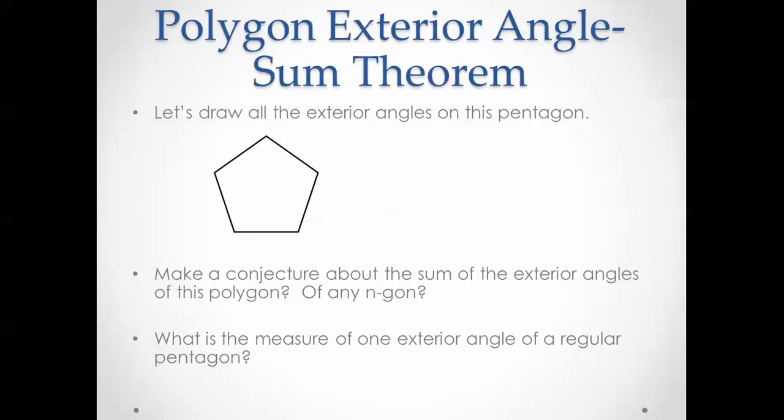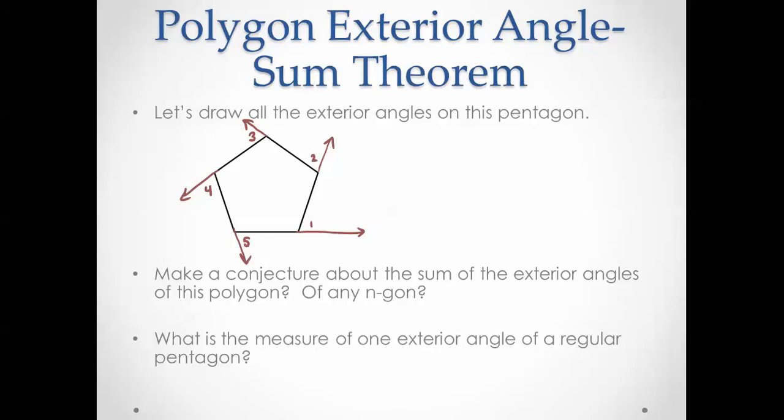Let's draw all the exterior angles on this pentagon. You can pause the video and do that if you want, or you can watch what this looks like. We're just going to extend one side at every vertex on the exterior of this pentagon. So here we have 5 exterior angles.